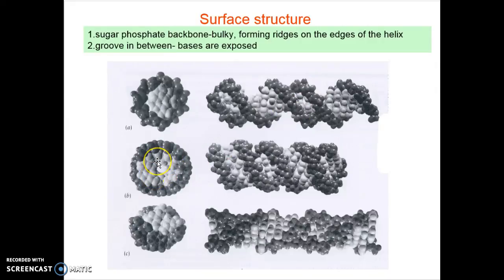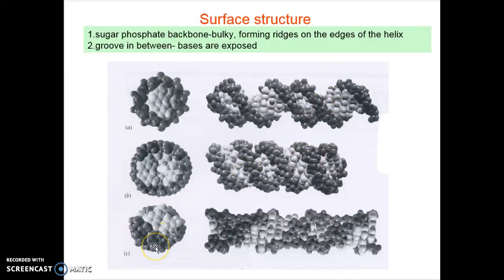You can see a hole along the helical axis, and it is thick and short compared to the B form.